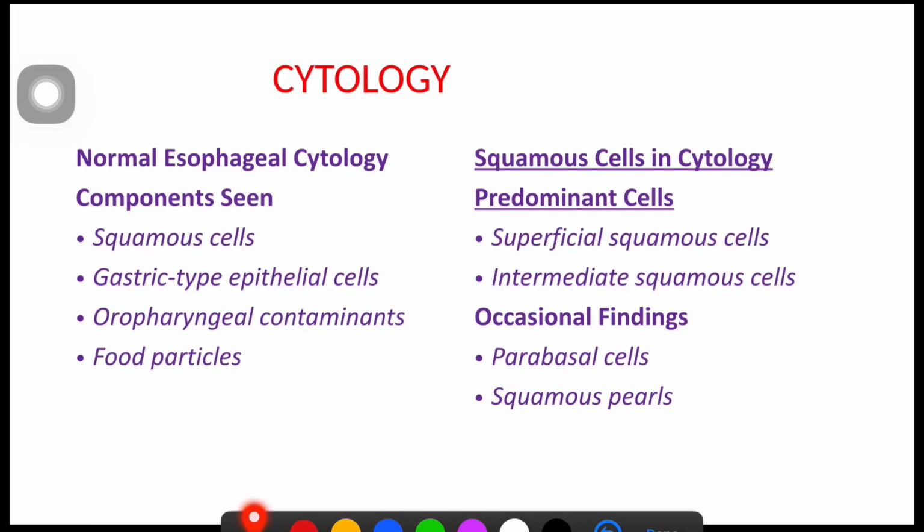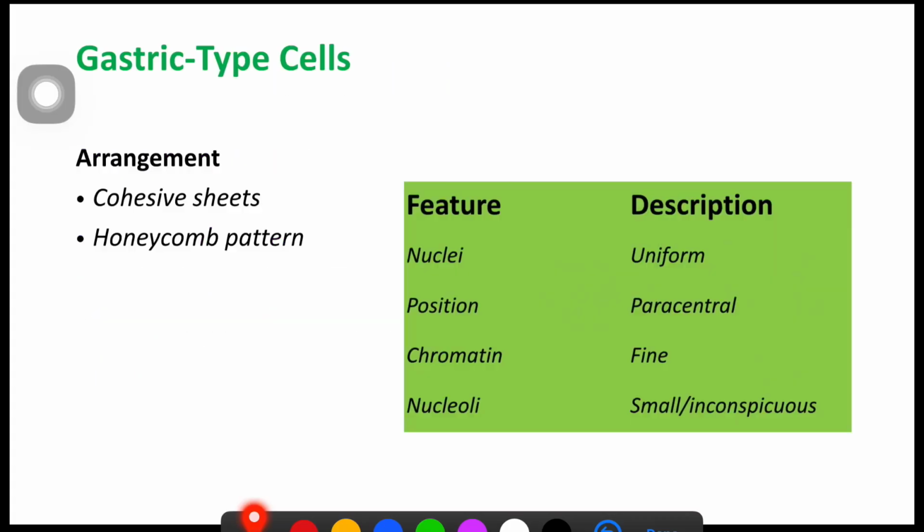Now if we are getting cytology, it contains squamous cells, gastric type epithelial cells, oropharyngeal contaminants or food particles. Mostly superficial and intermediate squamous cells, and occasionally squamous parabasal cells. And gastric type cells, if we see in cytology, are arranged in cohesive sheets having a honeycomb pattern, nuclei are uniform, paracentral in position, with fine chromatin and small inconspicuous nucleoli.